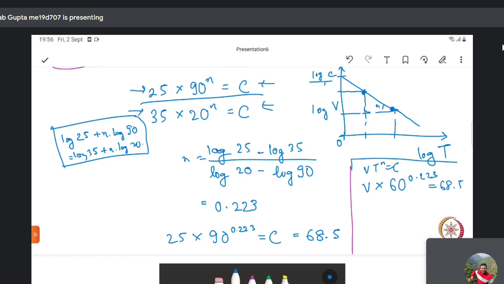So my V will be 68.5 divided by 60 power 0.223. It will be around 27.5 meter per minute.